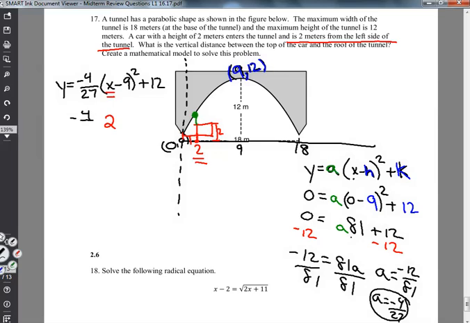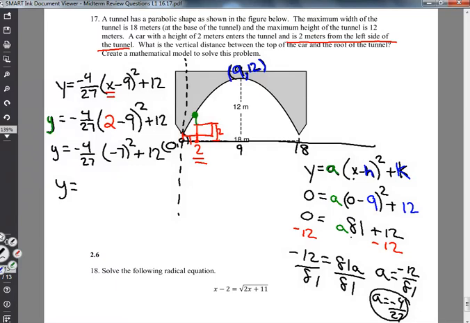So it'll be negative 4 over 27 times 2 minus 9 squared plus 12 equals y. And the y I get is going to be the height of the tunnel. So after I do some math, this squared is a positive 49.